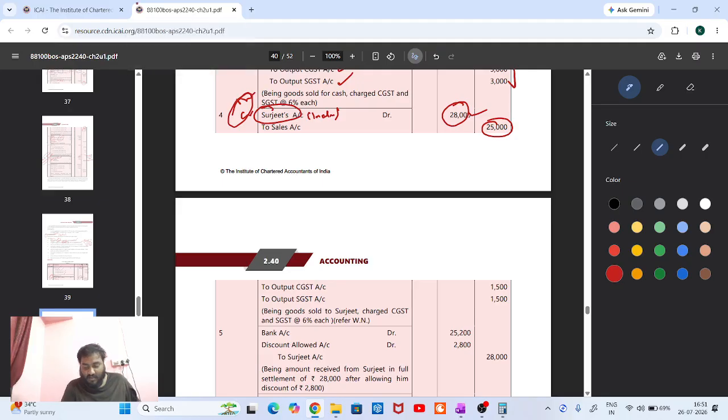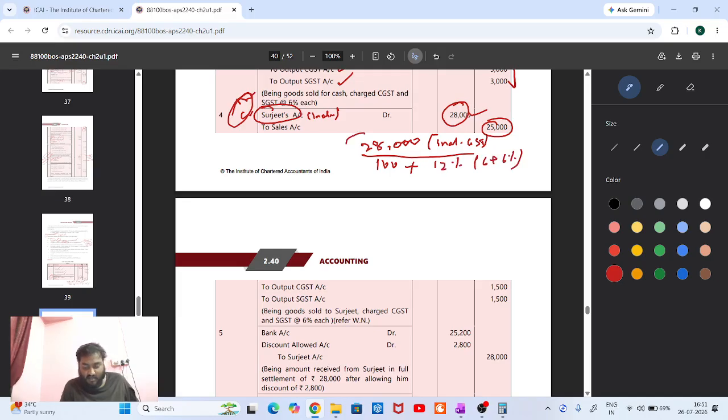So the rule is: the amount which includes GST, divided by 100 plus 12%, that is 6 plus 6%.